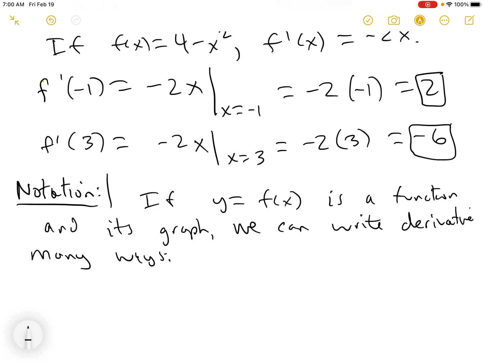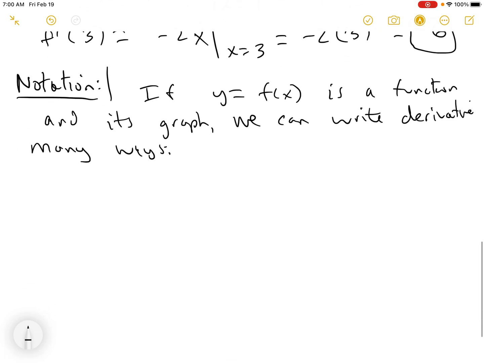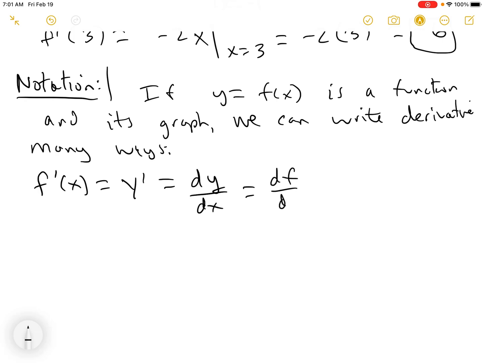If it's not confusing enough, these are all equal, okay? So f prime of x is my favorite. That's the way to write a derivative. You can also write it as just y prime. You can also write it as dy dx. You can also write it as df dx. And this actually comes from taking the derivative of x. So these are all equivalent statements.